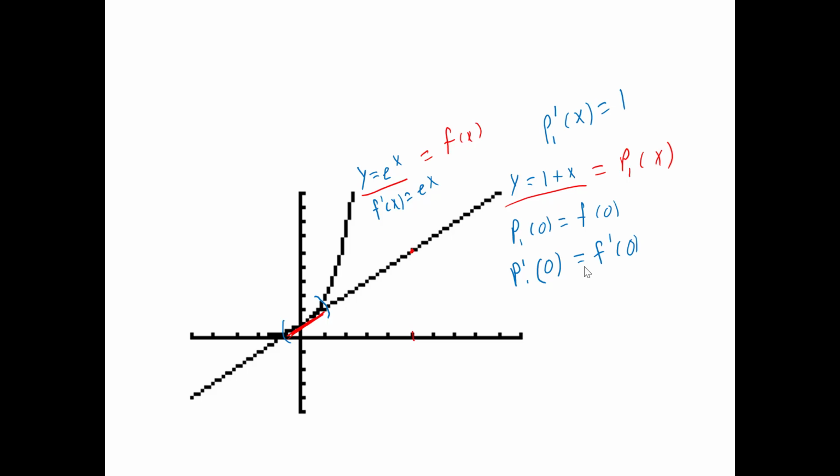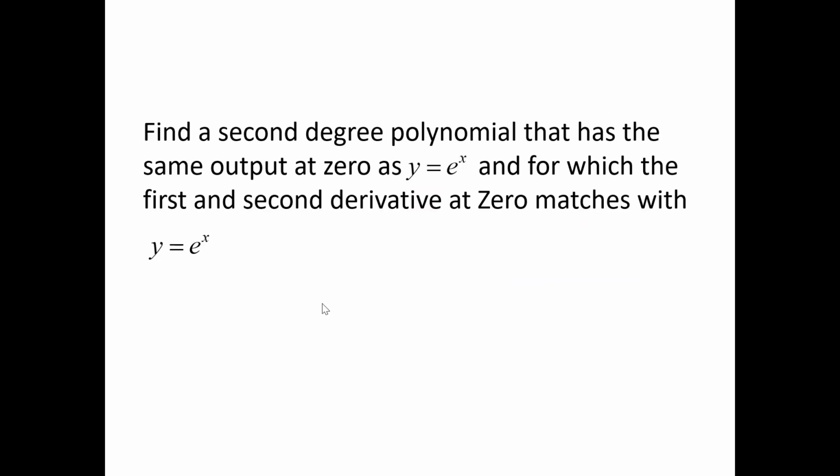We would want the output at 0 to match, so that they go through this point, and the first derivative to match, so that it has the same steepness right here. But if we make the second derivatives match, then we'll bend our polynomial in the direction of this curve, and that's what we're going to shoot for.